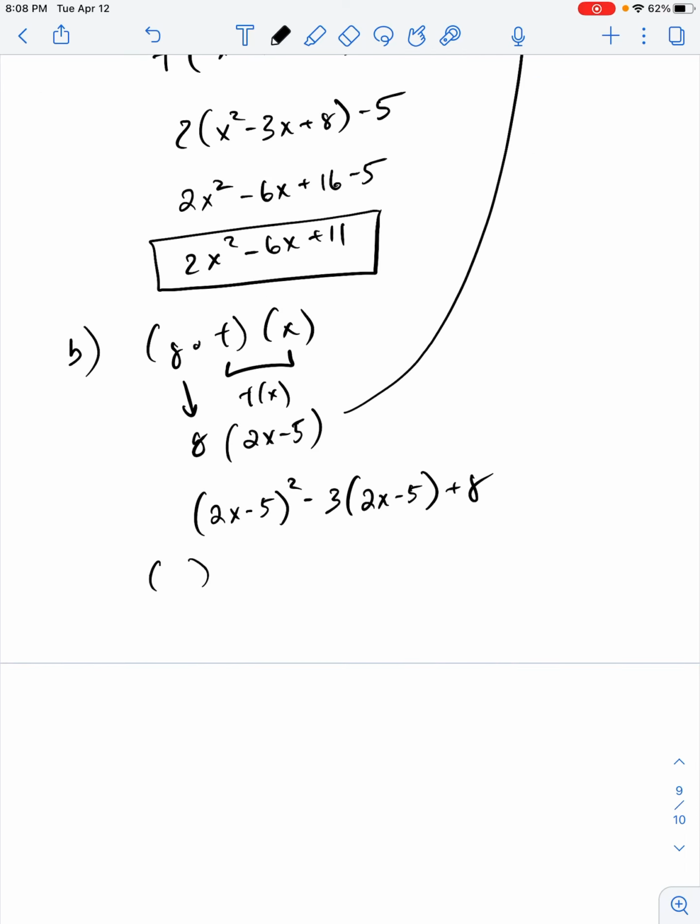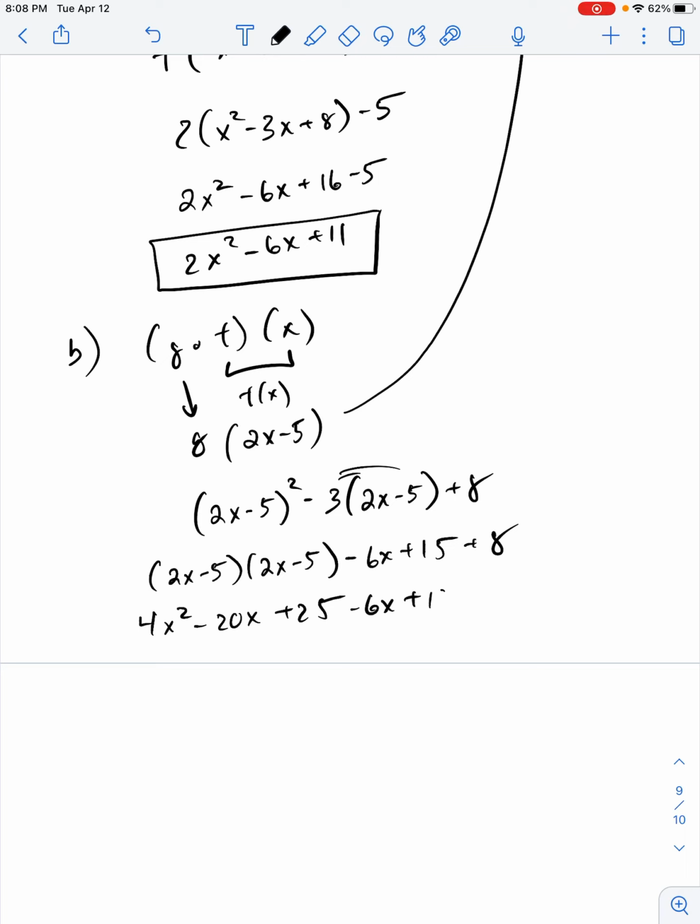Now here we have to show that we got 2 of them: 2x minus 5 times 2x minus 5. We can distribute there. Negative 6x plus 15 plus 8. And then just kind of continue here. 4x squared minus, what do we get? 10x, 10x, so minus 20x plus 25 minus 6x plus 15 plus 8.